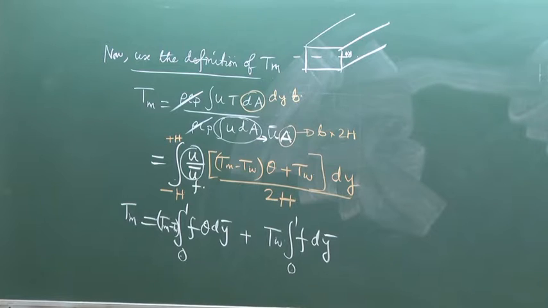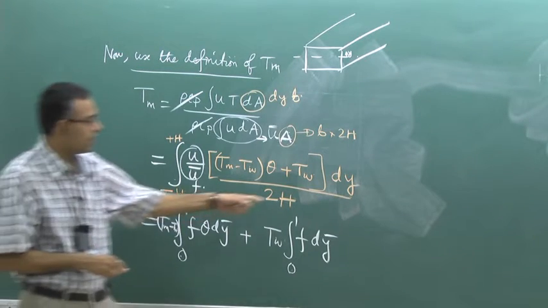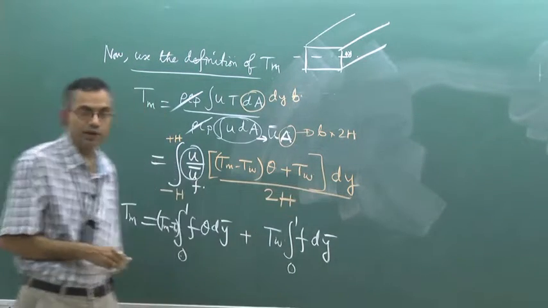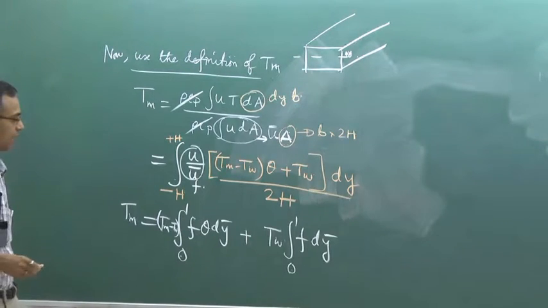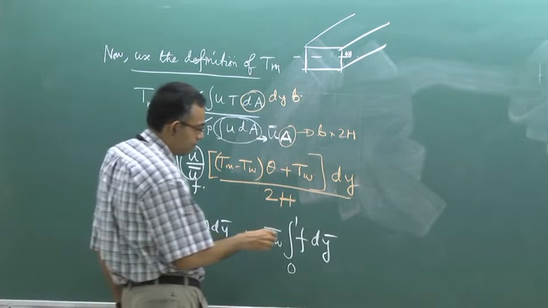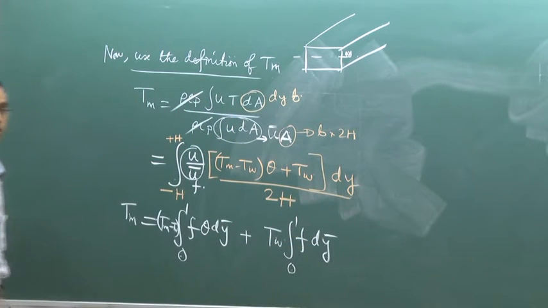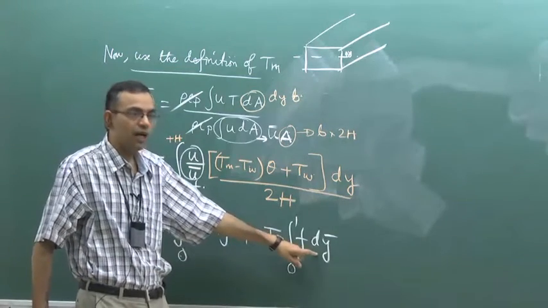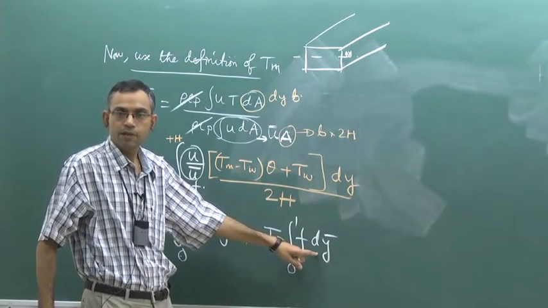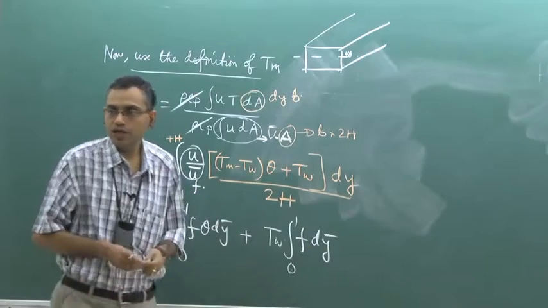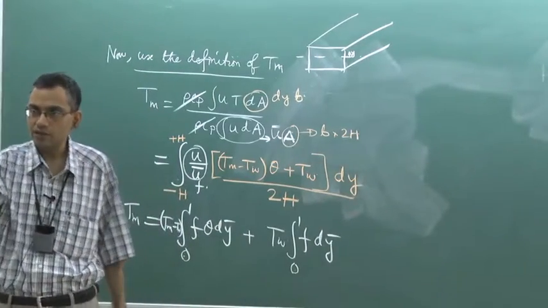We have absorbed the y by h within the derivative. So if that be the case, can you tell what is integral of f dy, non dimensional? See, f is what? f is the velocity profile.